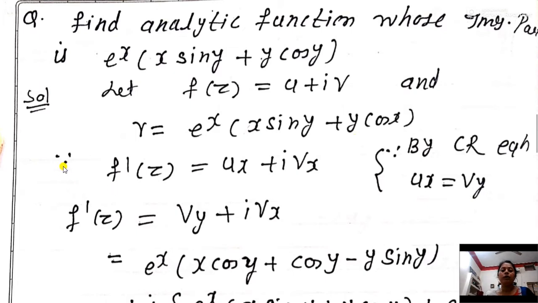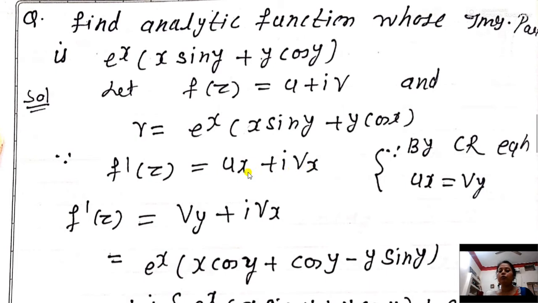Now we know the formula for f dash z, the first derivative of f(z) with respect to z, that is f dash z is equal to ux plus i vx, where ux means del u by del x and vx means del v by del x. But we don't have u, we have the value of v.